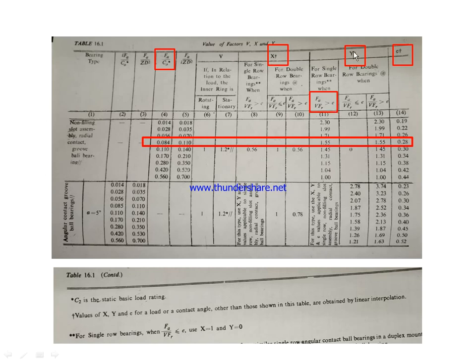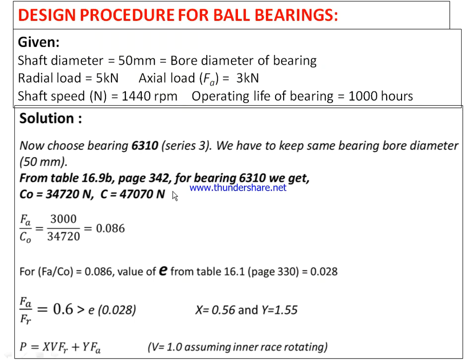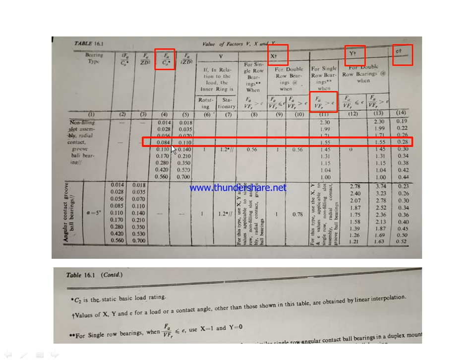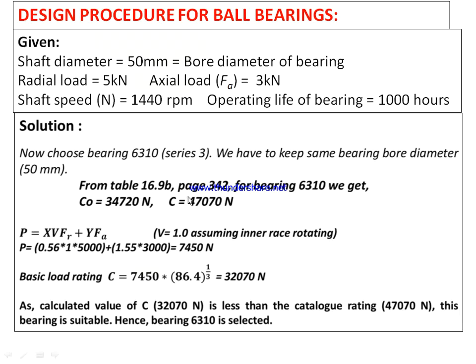So here, FA by FR greater than E, the value of Y. Here for the value of FA by C naught equal to 0.086, by interpolation you have to get the value of Y, but the value of X will remain the same, 0.56, for the condition FA by FR greater than E. So by using these values we calculate the equivalent load, which is found to be 7,450 Newton.